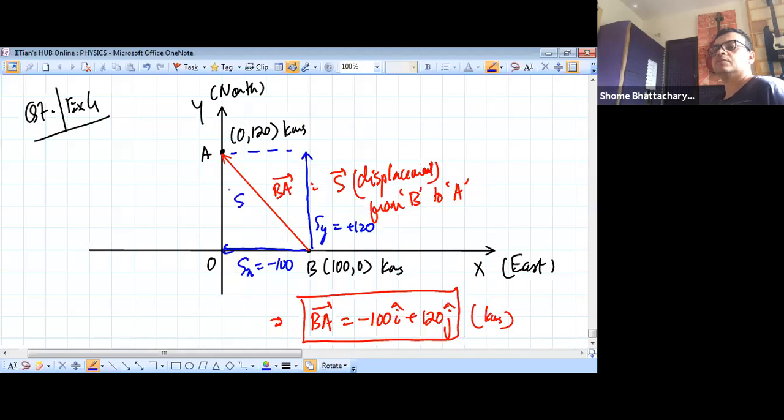This is the displacement. So hope this question is clear, people. Please tell me if there's any doubt. Anything else in exercise 4 you want to discuss? Any other question?